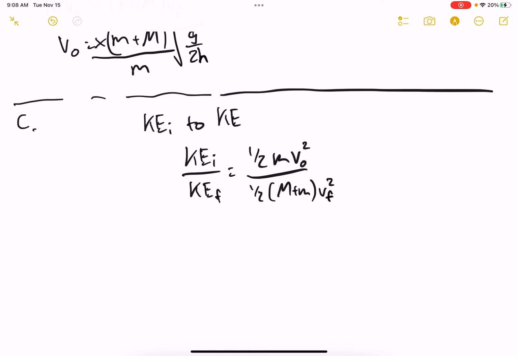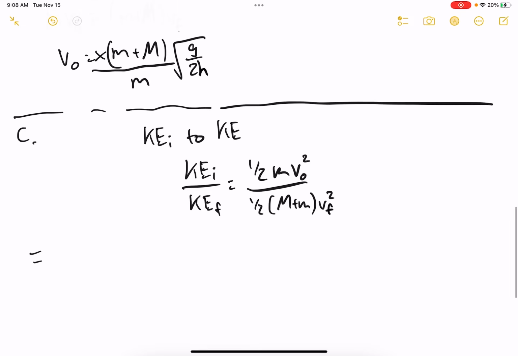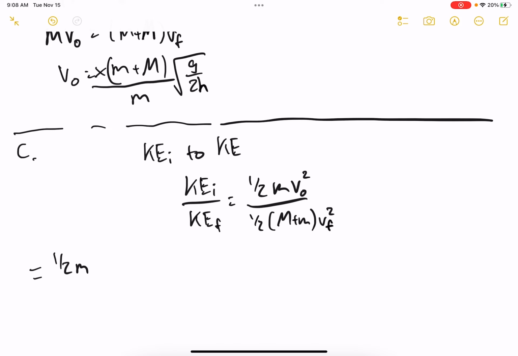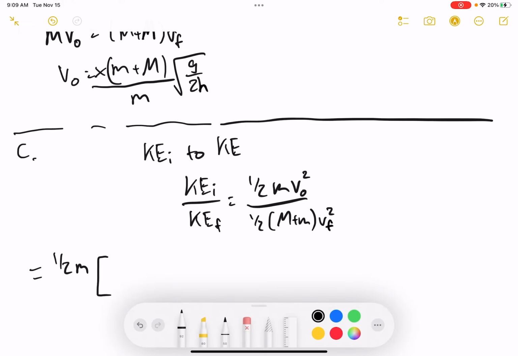So let's go ahead and plug in with what we know. So 1/2, I know my m is just my little m, and then my v naught is going to be this whole section here that we have. Let me go ahead and write that down.